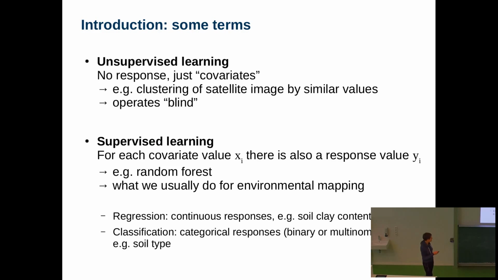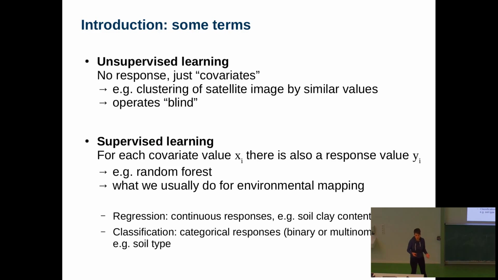This is unsupervised learning. And in supervised learning, you already have a target you want to know. For example, in my case, I want to know the topsoil pH. I want to create a map of that. So I have a response value, y, and I have predictors, explanatory variables, like rainfall, like geology, that can explain my pH.